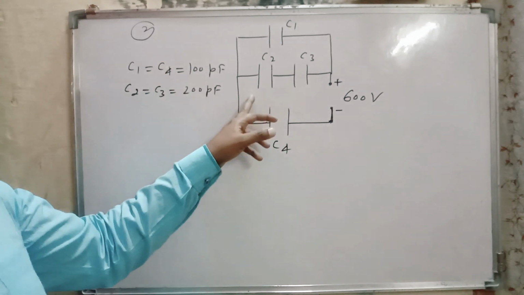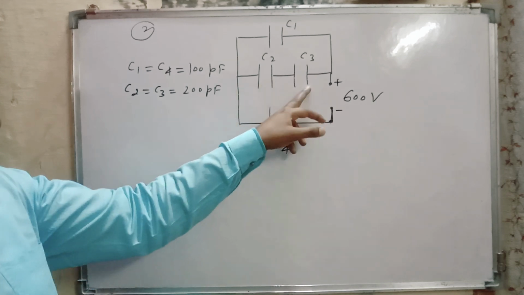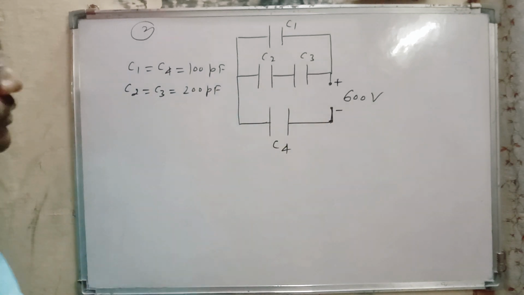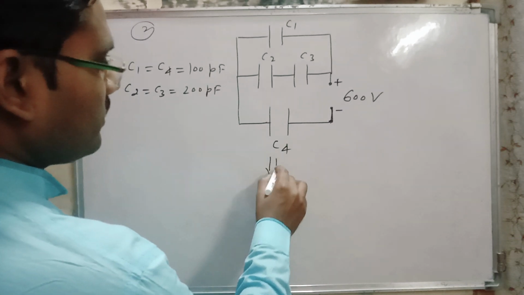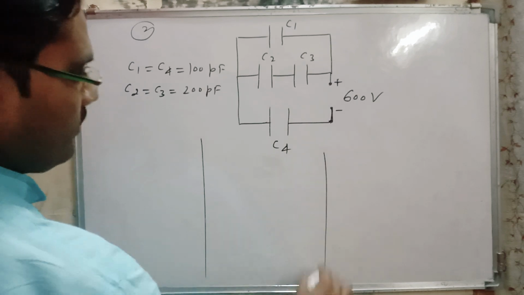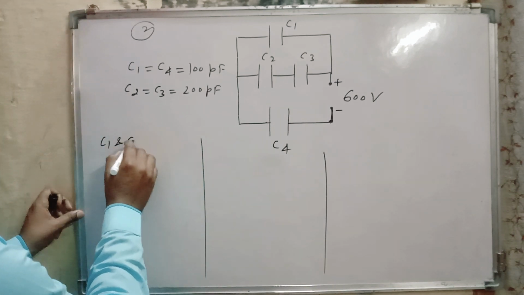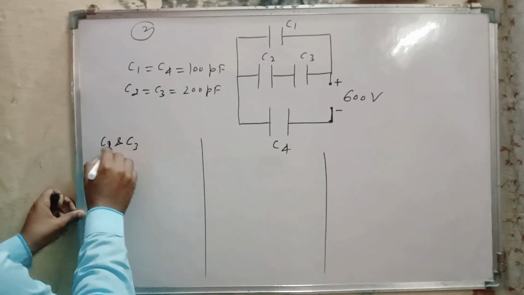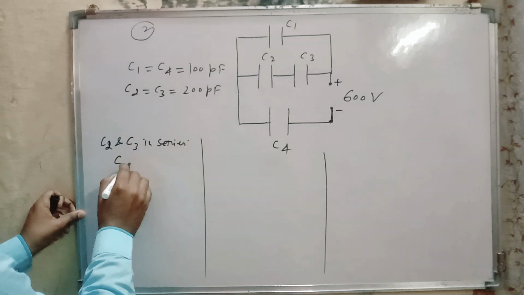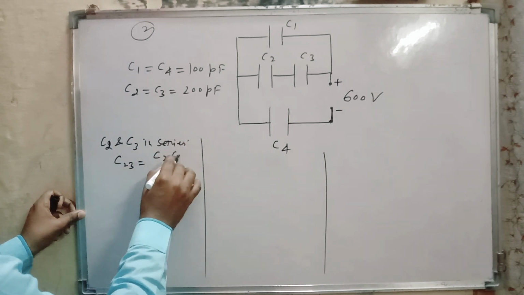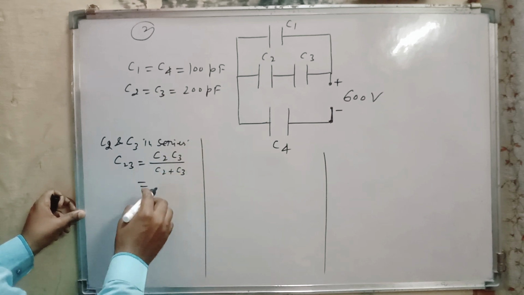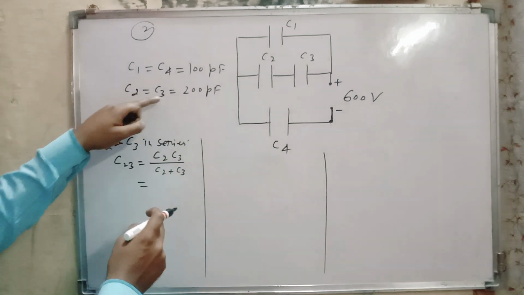Now here we see C2 and C3 connected in series combination. So now we convert. That means C23 is C2 times C3 divided by C2 plus C3. Now here we take C2, C3.